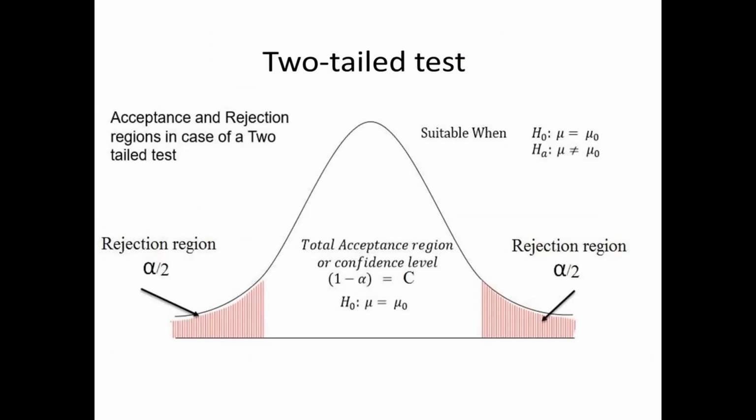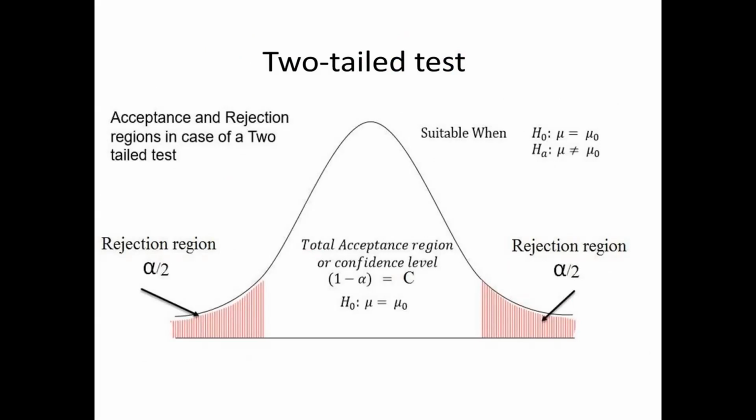Then the two tail test: the acceptance and rejection regions in the case of a two tailed test are suitable when H naught is mu equal to mu naught and HA is mu not equal to mu naught. The name suggests that it has two rejection regions, one from the right side and one from the left side.